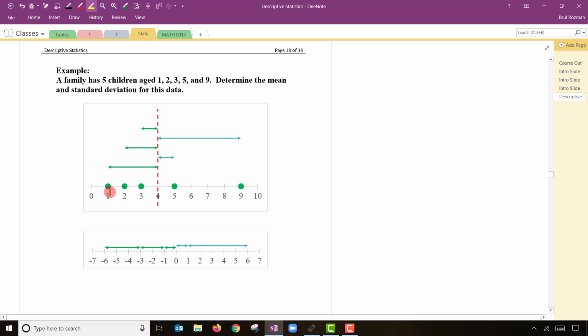I plotted the kids' ages on the number line, 1, 2, 3, 5, and 9. I'm going to calculate the average age or mean age of these children. Now I have to decide, is this a population or is this a sample? I think in this situation, it says a family.